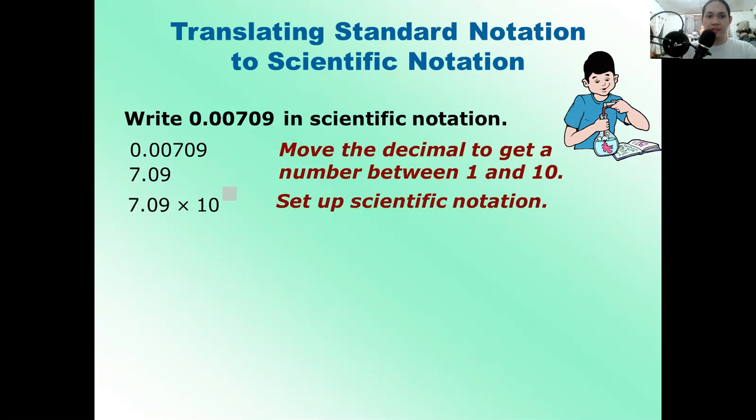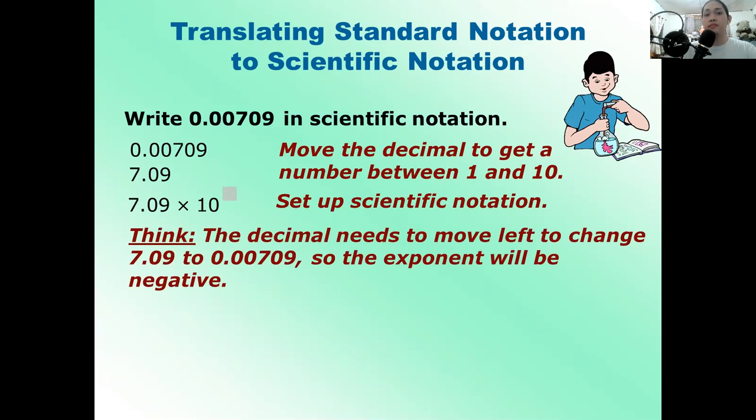Set up scientific notation. So 7.09 times 10 to the power of, how many moves do we have? Try to think about this one. The decimal needs to move left to change 7.09 to 0.00709.